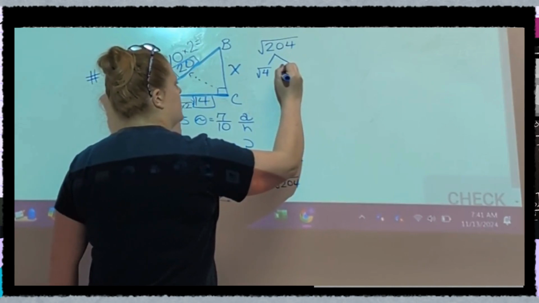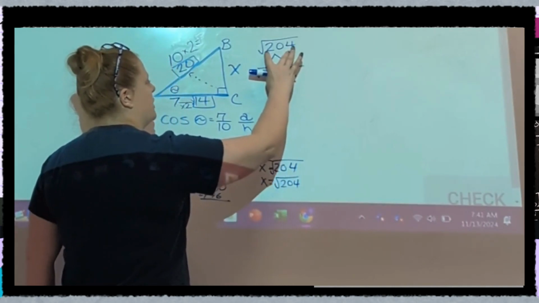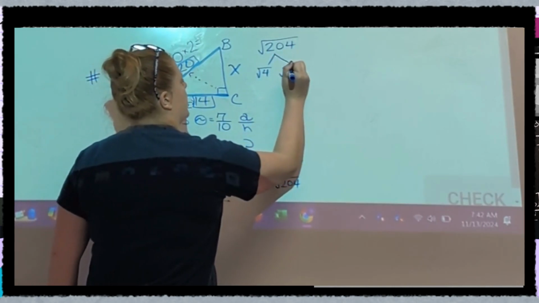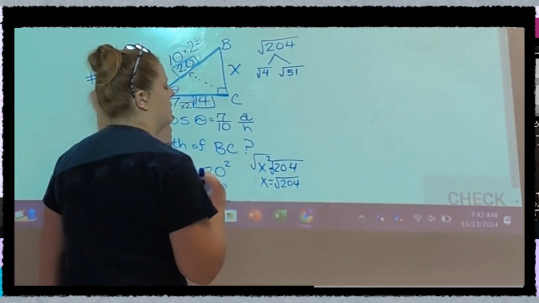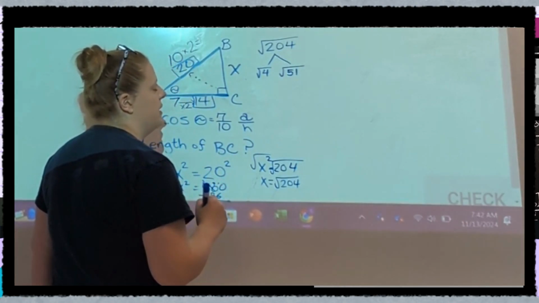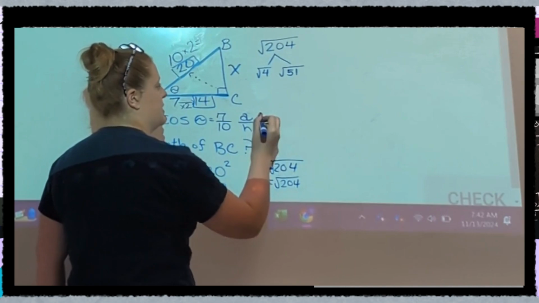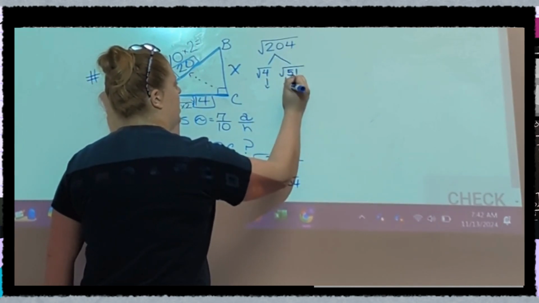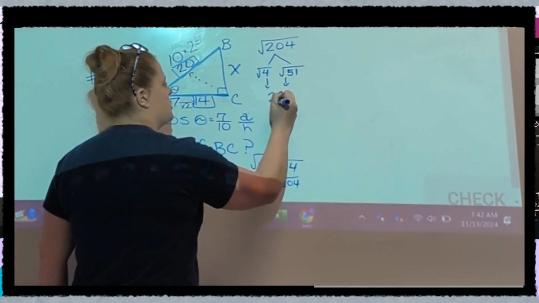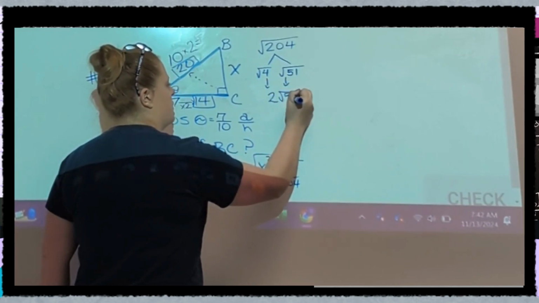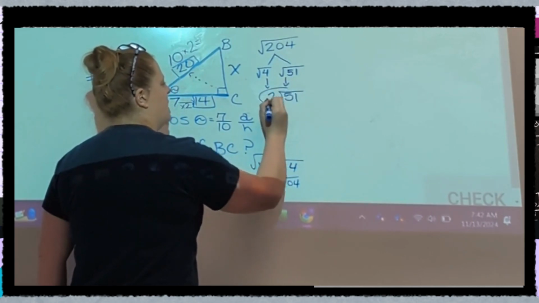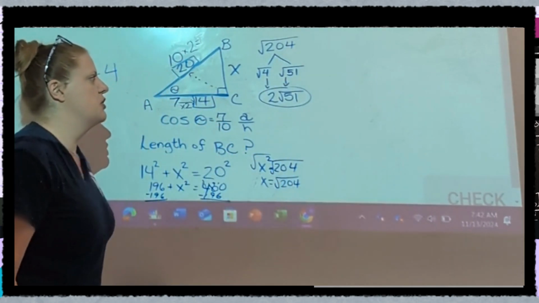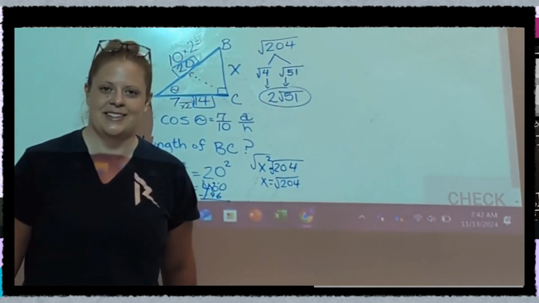Let's see if that can go into it. I'm pretty sure it can. So we divide 204 by 4, and we get 51. 51 does not have any perfect squares that go into it. So we can't go any further with that. So we're just going to come down. The square root of 4 is 2, and then the square root of 51. That is our answer for x.